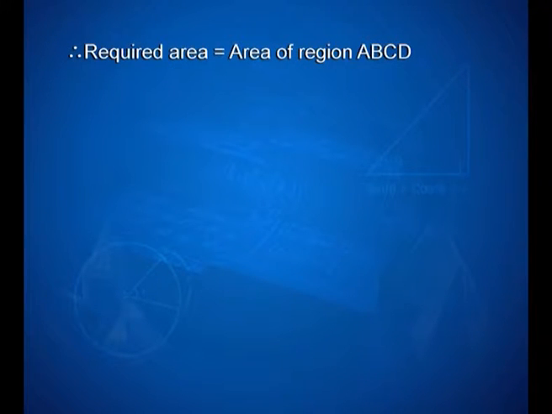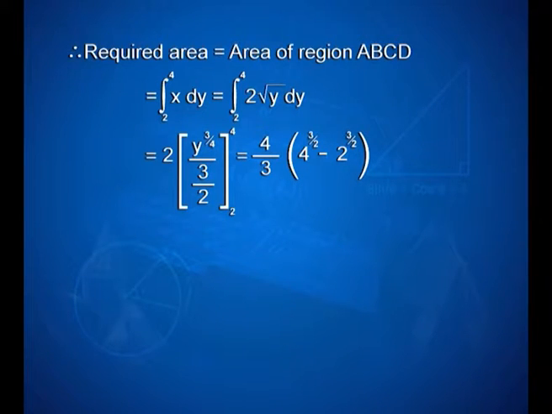Therefore, the required area is equal to the area of region A, B, C, D, that is equal to integral 2 to 4 x dy, that is equal to integral 2 to 4 2 into square root y dy, that is equal to 2 into y to the power 3 upon 2 upon 3 upon 2 with limits 2 and 4, that is equal to 4 upon 3 into 4 raised to 3 upon 2 minus 2 raised to 3 upon 2.